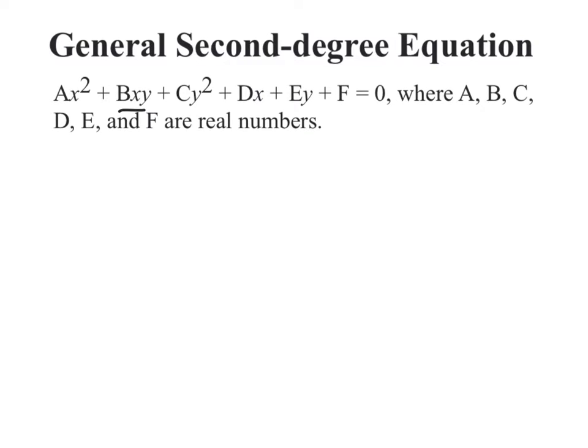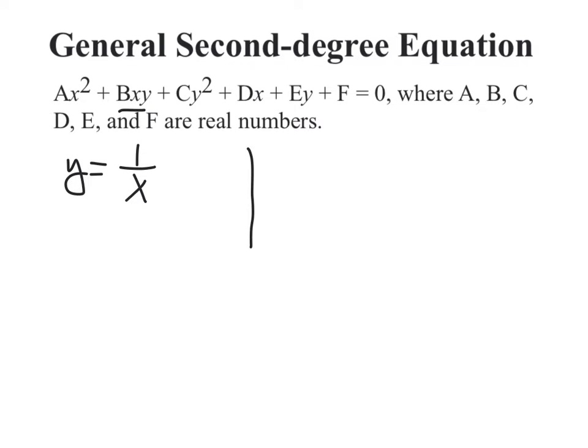But one particular equation that we use a lot actually turns out to be a conic section, although we've never defined it that way. Think about the function y equals 1 over x.